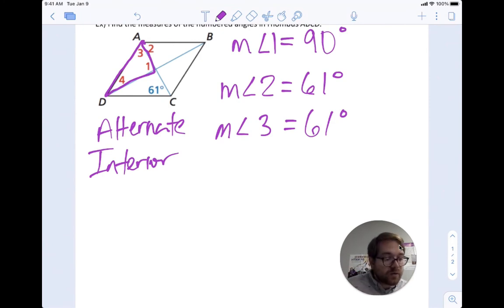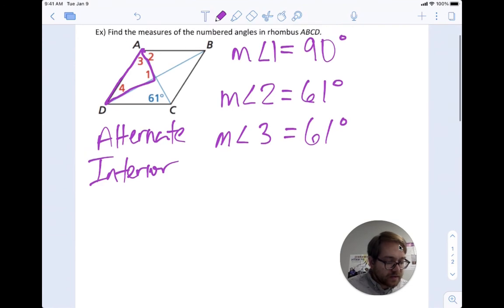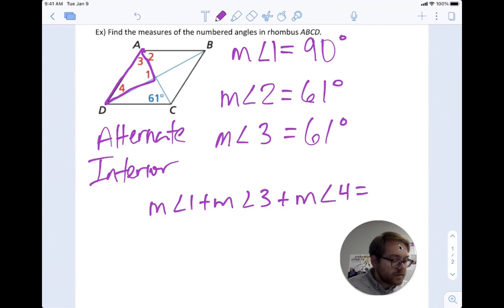So if we know that angle 1 is 90 degrees and angle 3 is 61 degrees, then we can figure out the fourth angle, because all triangles, all of their interior angles add up to 180 degrees. So the measure of angle 1 plus the measure of angle 3 plus the measure of angle 4 is equal to 180 degrees, because this is a triangle.